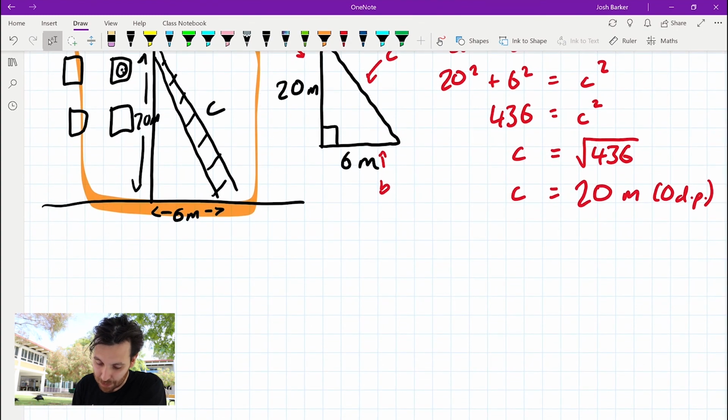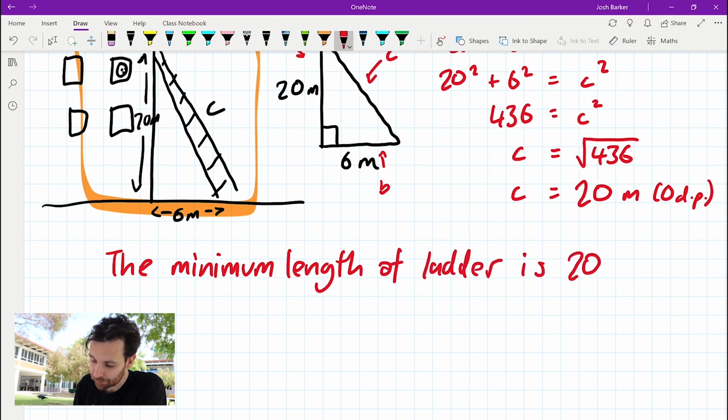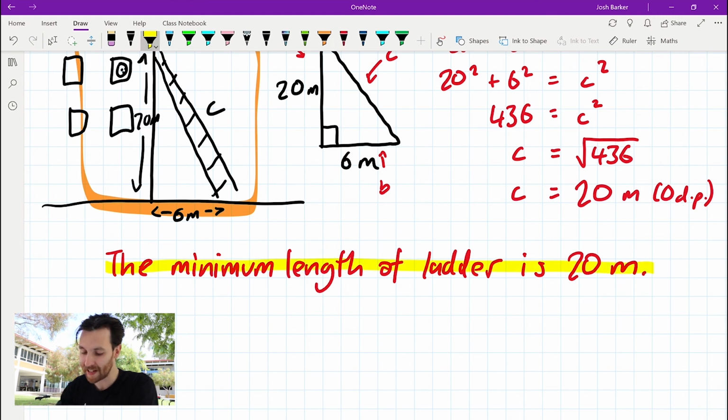So my actual answer is going to be the minimum length of ladder is 20 meters. So yeah, worded questions require a worded answer, and obviously the way I've answered that matches the question that was given as well.